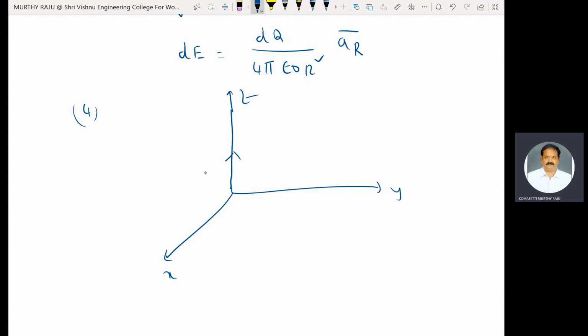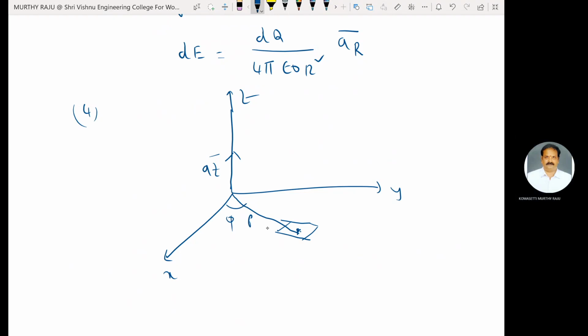The component of z along a z bar is z into a z bar. Here consider a small element in that sheet. Consider a point here, making phi.